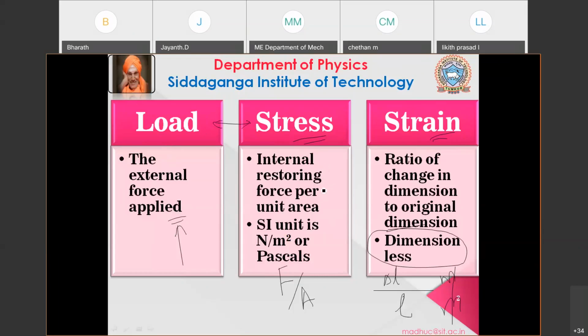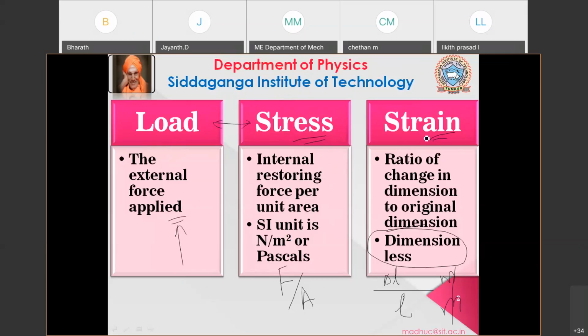If I apply a load on a rubber, this force is developed inside the rubber. If I apply the same load on stainless steel, this stress will be developed within the stainless steel. So this is the internal force, and you need to be careful with these two things.